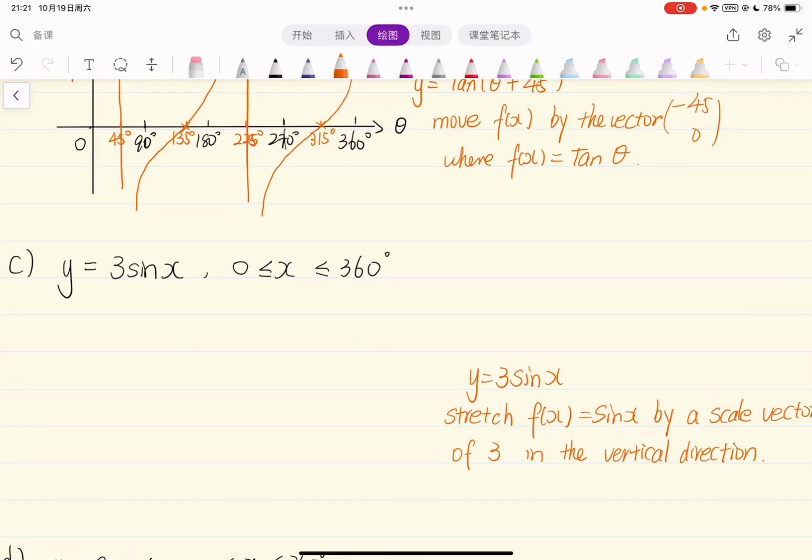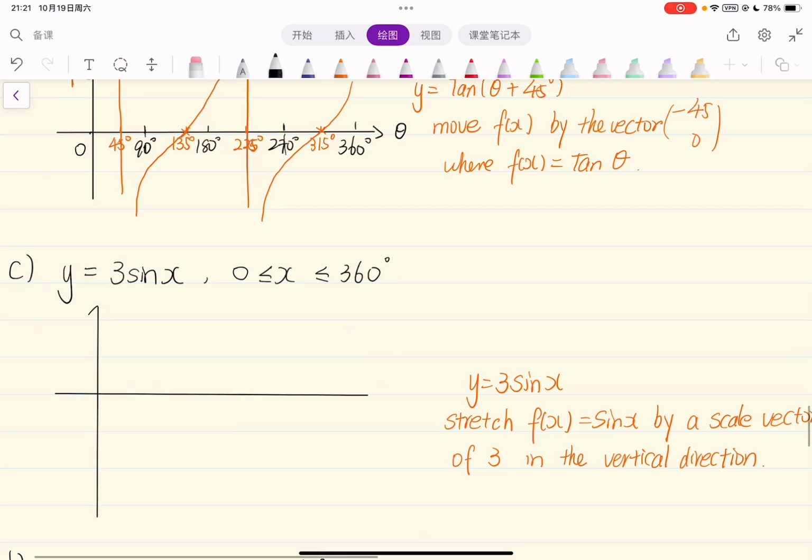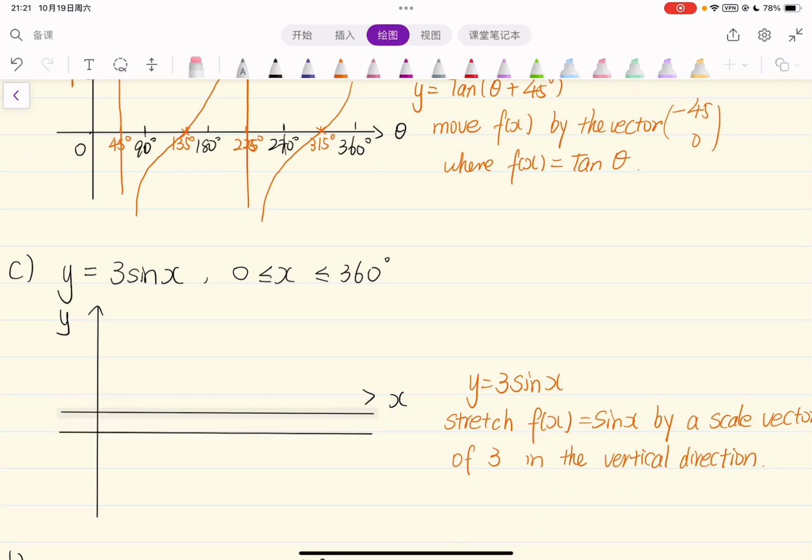Now, firstly, let us draw y equals sine x. We have 0, 90 degrees, 180 degrees, 270 degrees, 360 degrees.